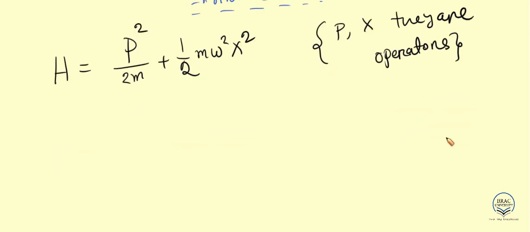And let's say there are some states defined by this n, and these are called energy eigenstates, because each is an eigenstate that corresponds to this operator.